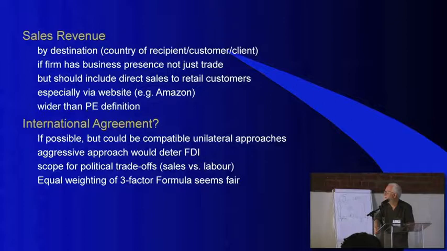And why is that? They could be compatible unilateral approaches, because if you think about it, there are trade-offs to be had. On the one hand, a state may well say, well, we want to weight the factors that maximise our tax revenue. But on the other hand, if you try and maximise your tax revenue, as you all know, you deter investment. So it's not particularly in the interest, I think, of states.